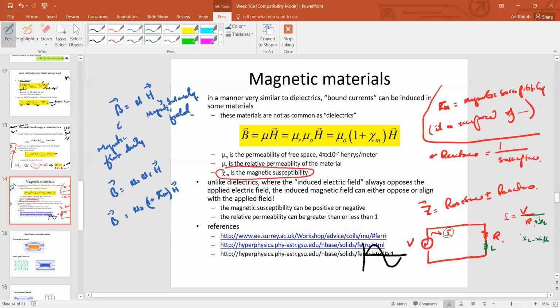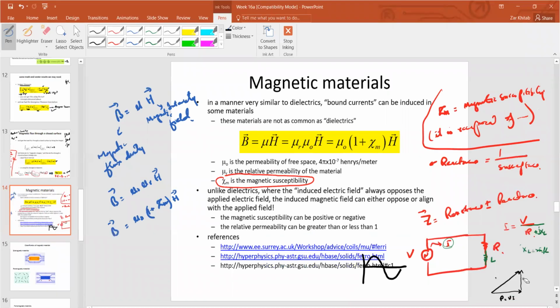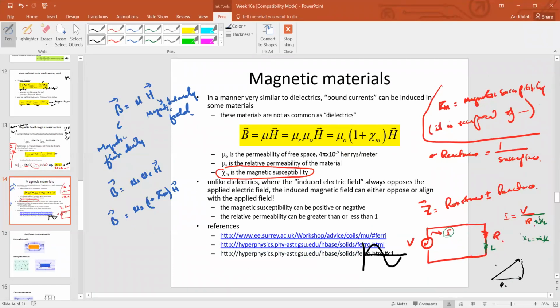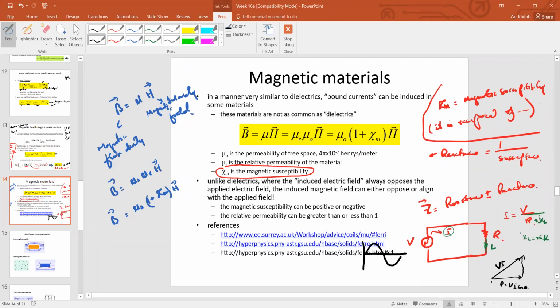Or if I talk about the power, power is V into I. So if I draw the diagram, this horizontal line is the real power, P equals VI cos of theta.